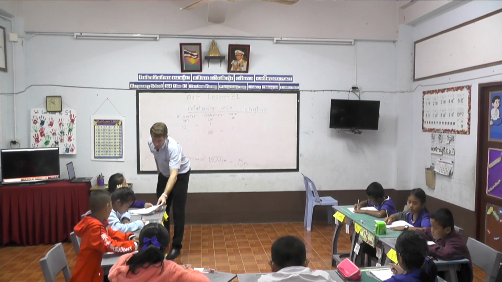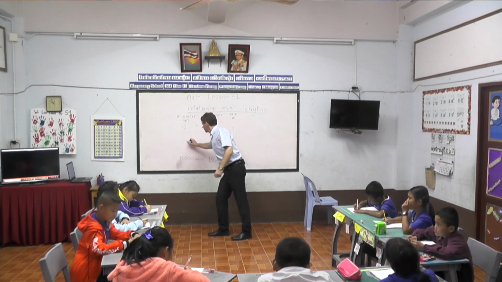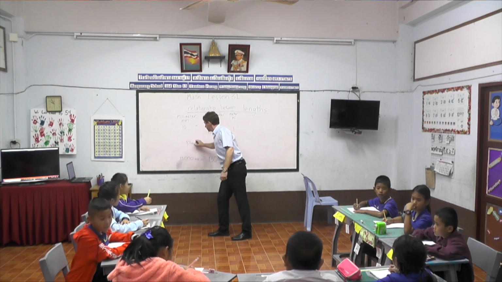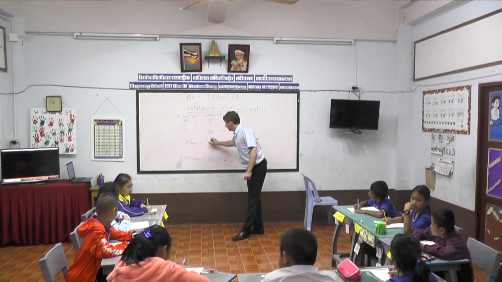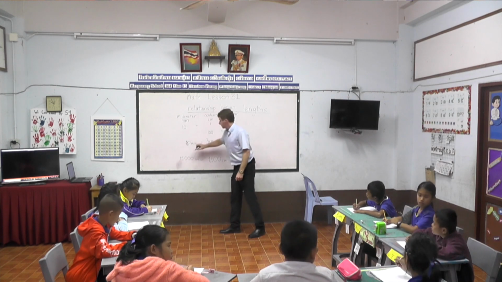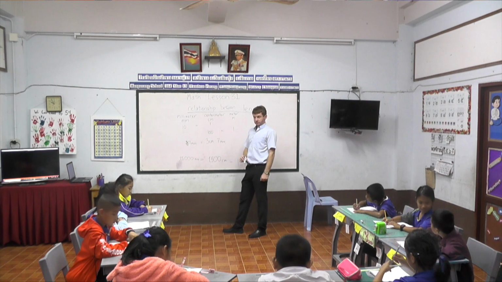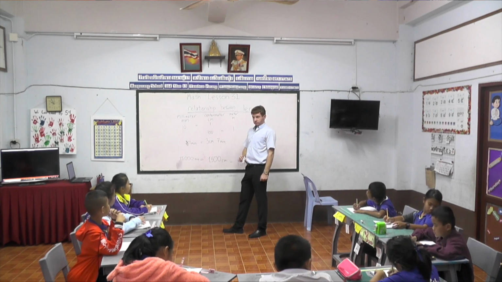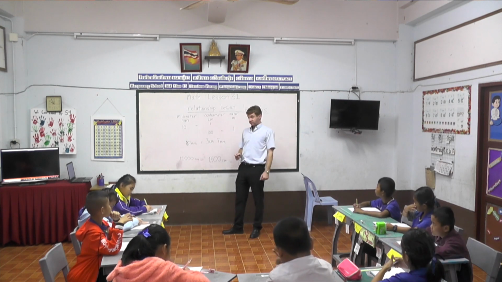So, first one, 37 millimeters. Let's do the example. 37 millimeters is 3 centimeters. So that's 30. And we have 7 millimeters left over. You see? 37 millimeters.